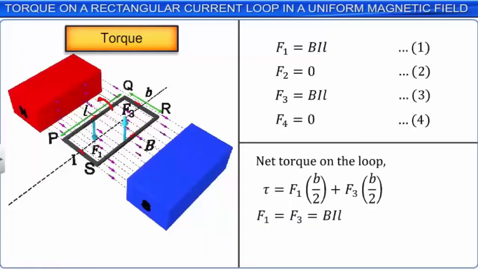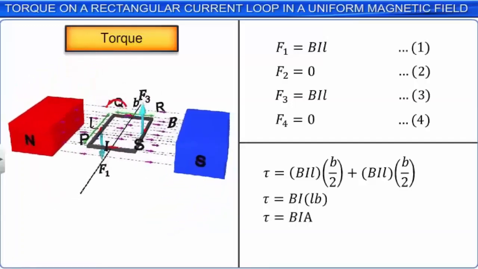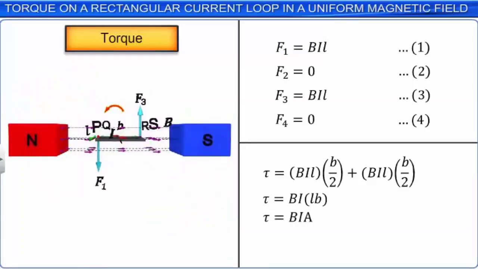Then, tau is equal to BIL into B by 2 plus BIL into B by 2, which is equal to BI into LB. As L into B is equal to the area of the rectangular loop A, we can denote the torque acting on the rectangular current loop, tau, is equal to BIA. The net torque on the loop tends to rotate it in the anti-clockwise direction when viewed from SB side of the loop.